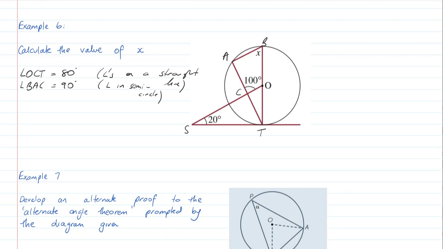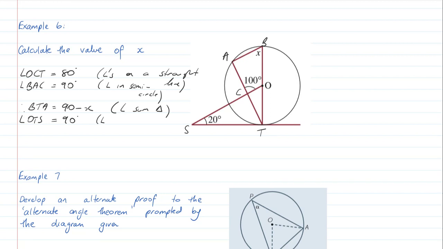And therefore, angle BTA is equal to 90 minus x. So I know that to be true. This is angle sum, angle OTS equals 90 degrees.